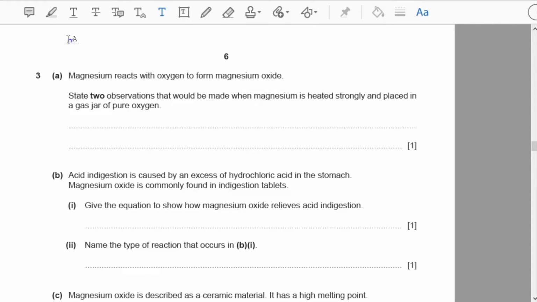So magnesium reacting with oxygen gives magnesium oxide. Okay, so there'll be a bright white flame, and the next one would be a white solid forming, since period 3 solids are usually white.